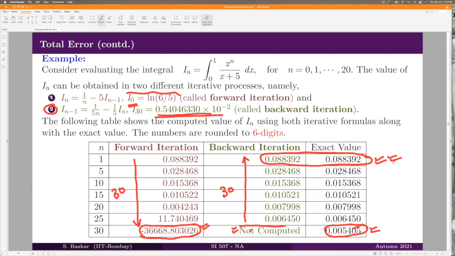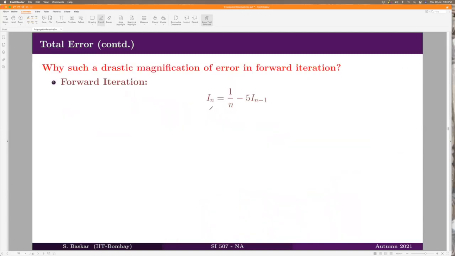Why is it so? We can see that in the forward iteration, you took the value I0. On the computer, it may be something approximately equal to some value. Therefore, let's call this I0 tilde, an approximate value of I0.